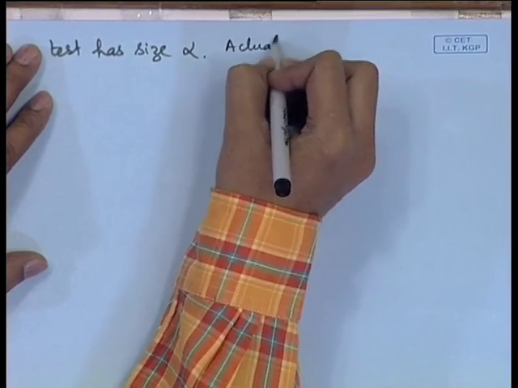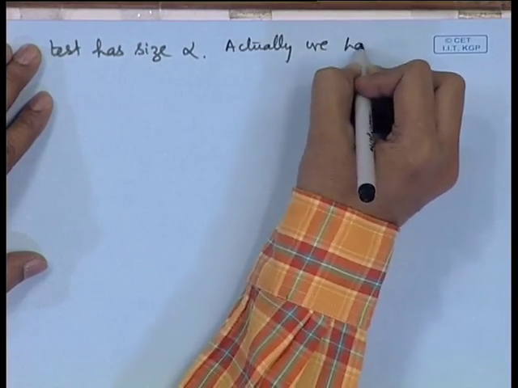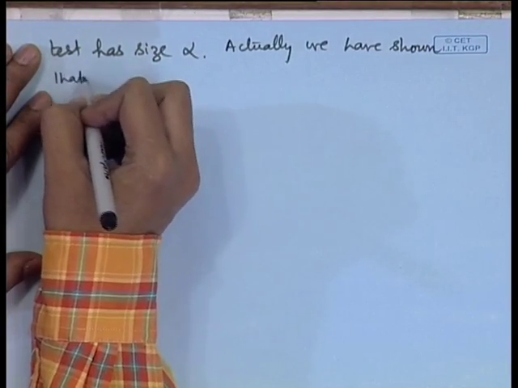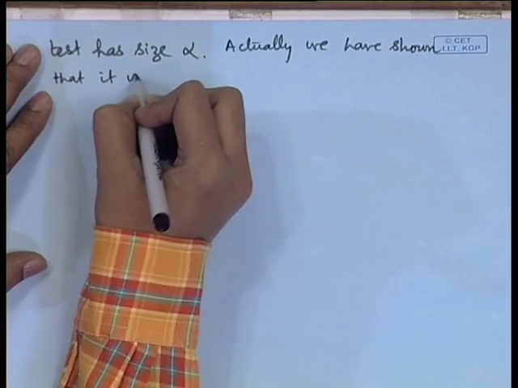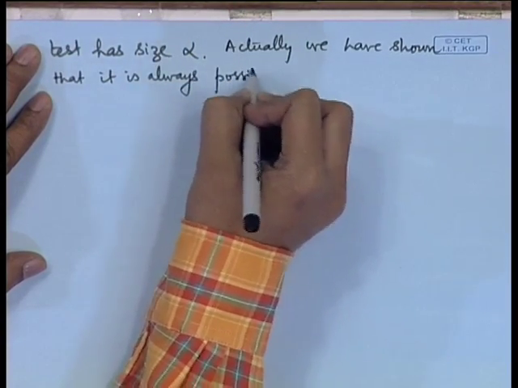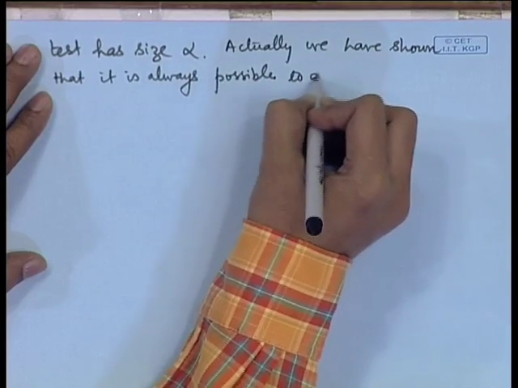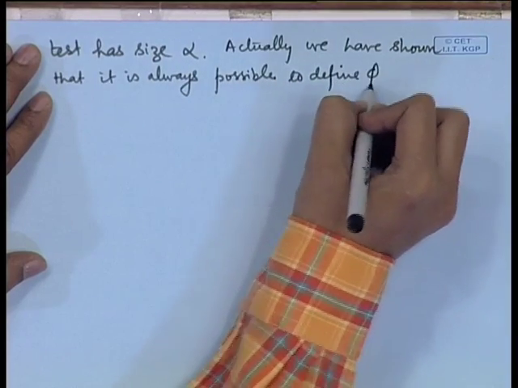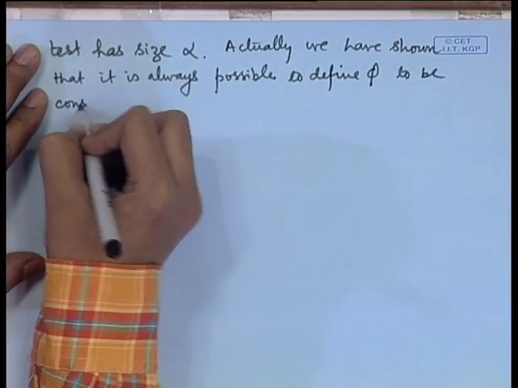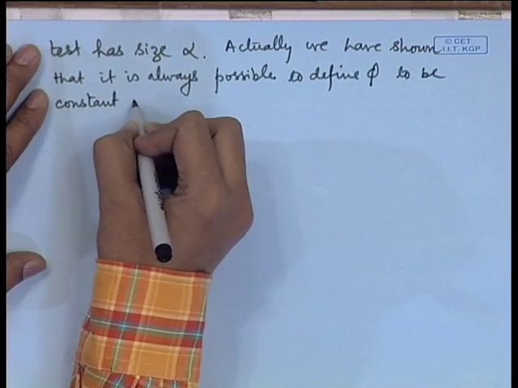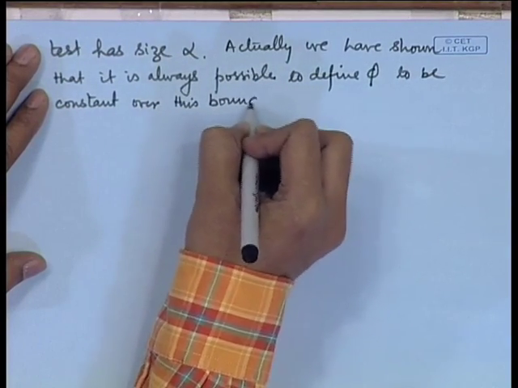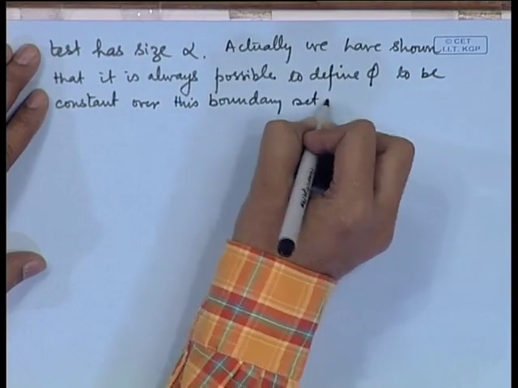Actually, we have shown that it is always possible to define phi to be constant over this boundary set.